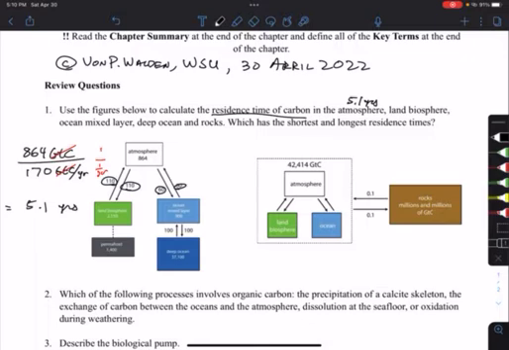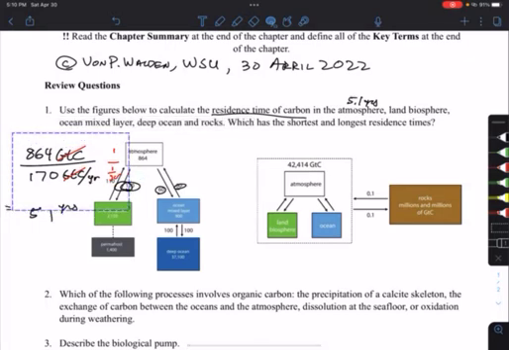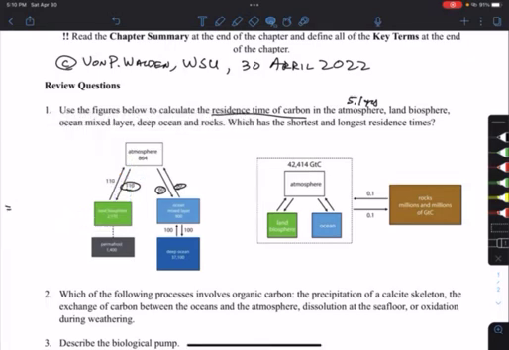We can redo that calculation for the land biosphere. The land biosphere, on the other hand, is a larger reservoir. It has a reservoir of 2,150 gigatons of carbon. You can see that right here. And the fluxes in and out of that are 110 total.